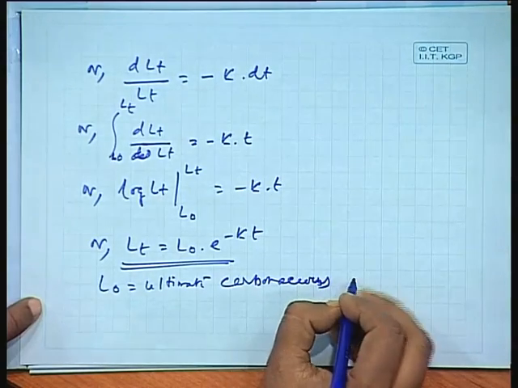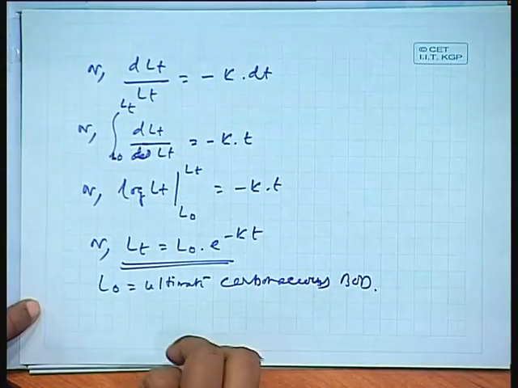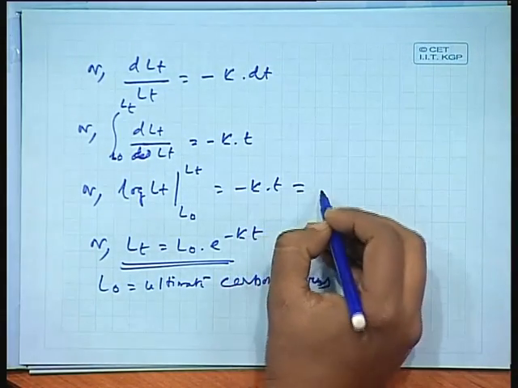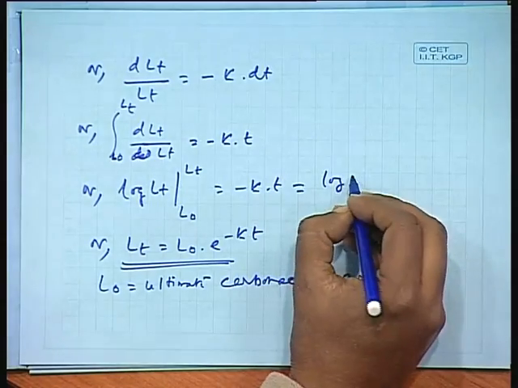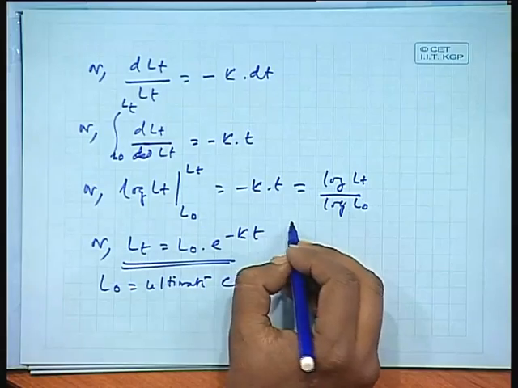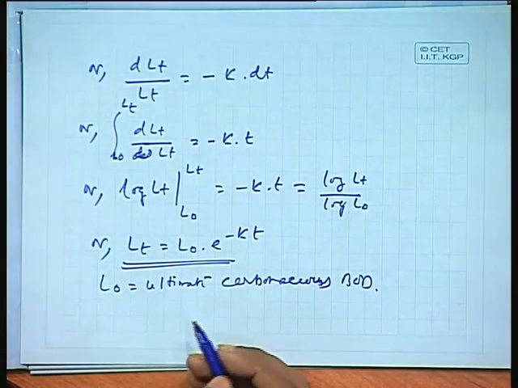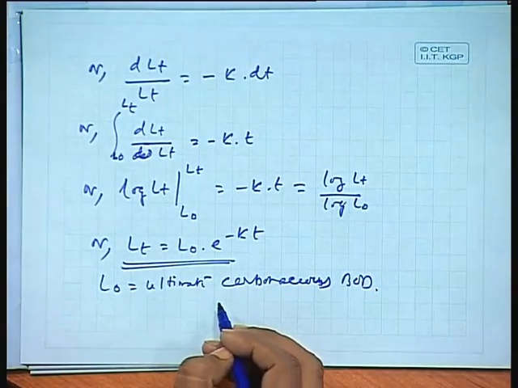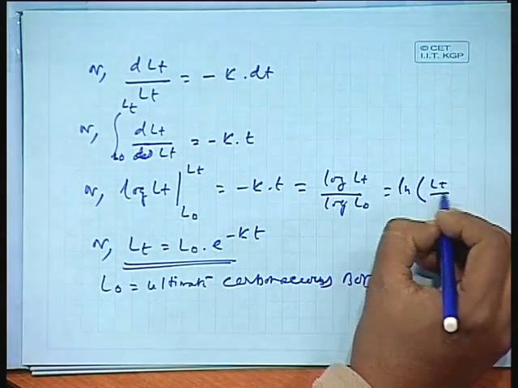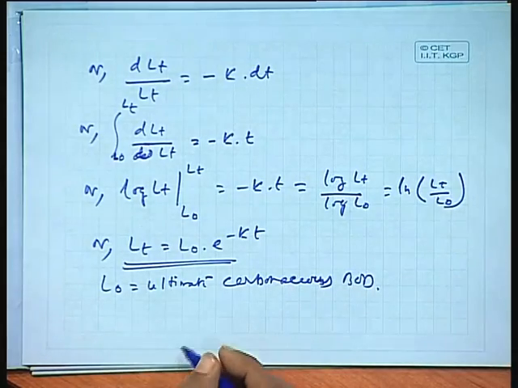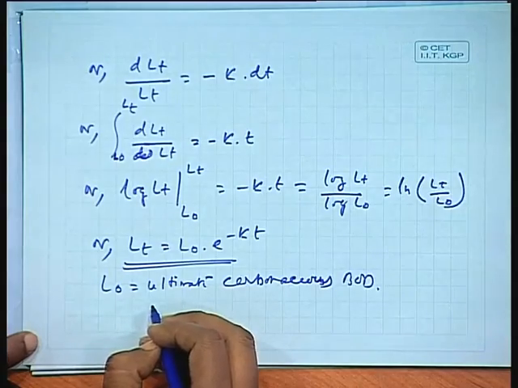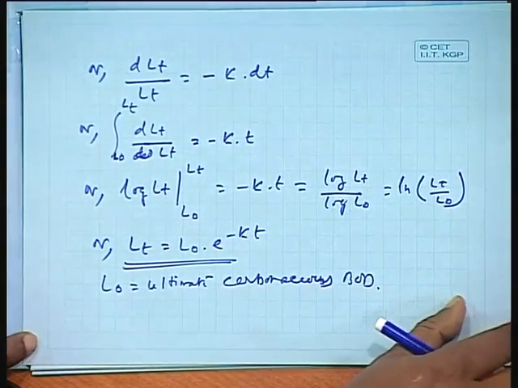Remember this: ultimate carbonaceous BOD, which is nothing but log LT divided by L0. So, you find out like this. Here this one is the ultimate carbonaceous biochemical oxygen demand.